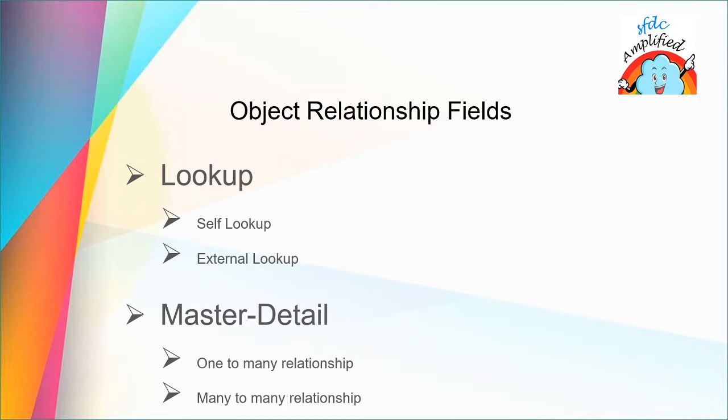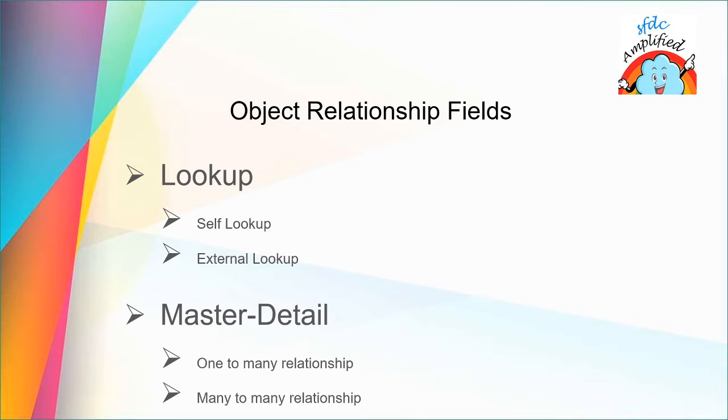So why do we go for master detail relationship? Whenever we have a record which needs to be deleted based on another record, in that scenario we will go for master detail relationship. Whenever you are creating a master detail relationship field, it will always be on the child object, the detail object.